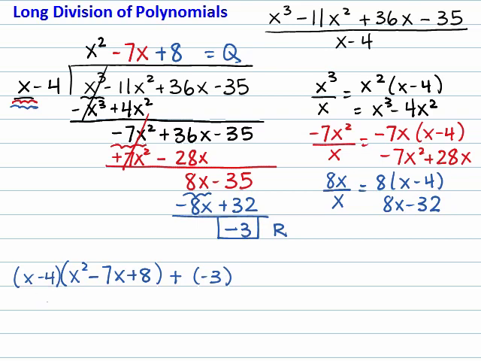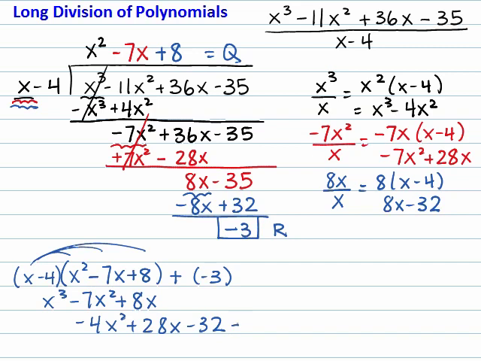So let's distribute. Let's distribute the x first. X to the third minus 7x squared plus 8x. Let's distribute the negative 4. Negative 4x squared plus 28x minus 32. And let's add the remainder.